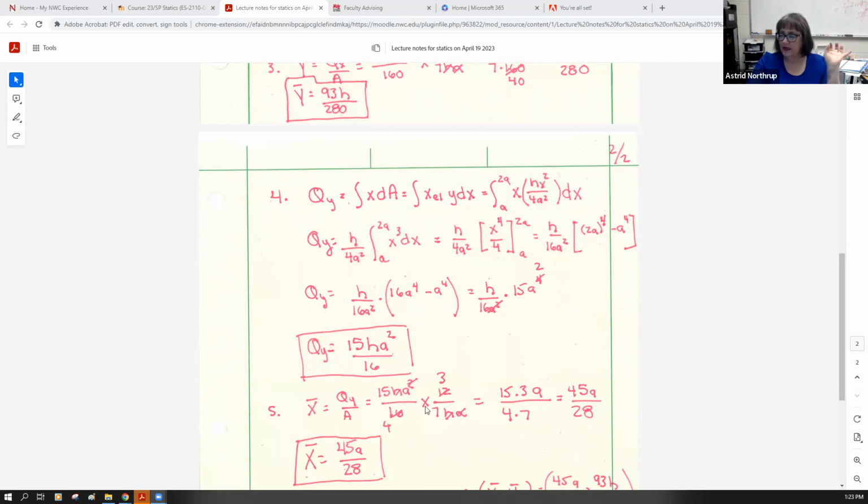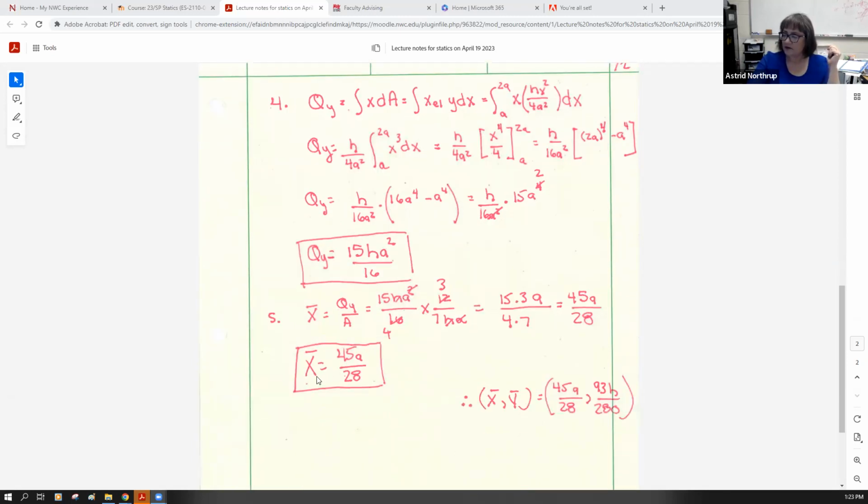Instead of dividing by the area, I multiply by the reciprocal of the area, simplify, and I come out with a value of x bar, the x coordinate of the centroid, equal to 45a over 28. Therefore, for an answer, because it asks me for the coordinates of the centroid, x bar, y bar is equal to the x bar value, 45a over 28, comma, the y bar value, 93h over 280.